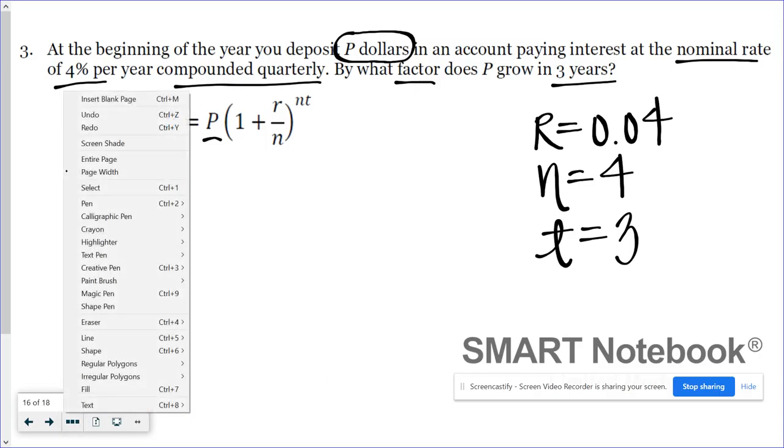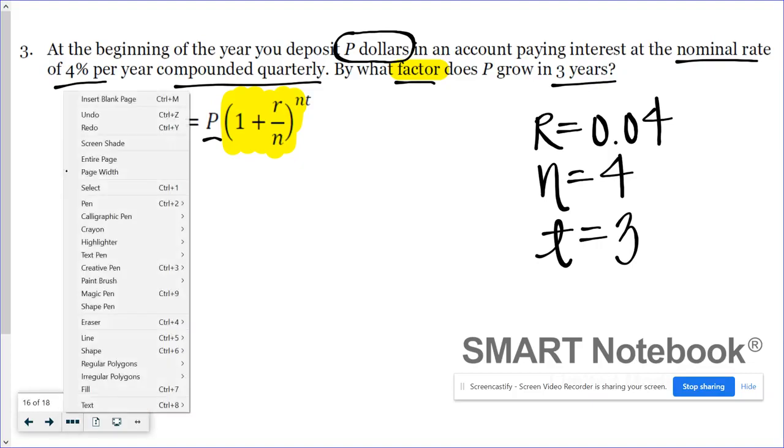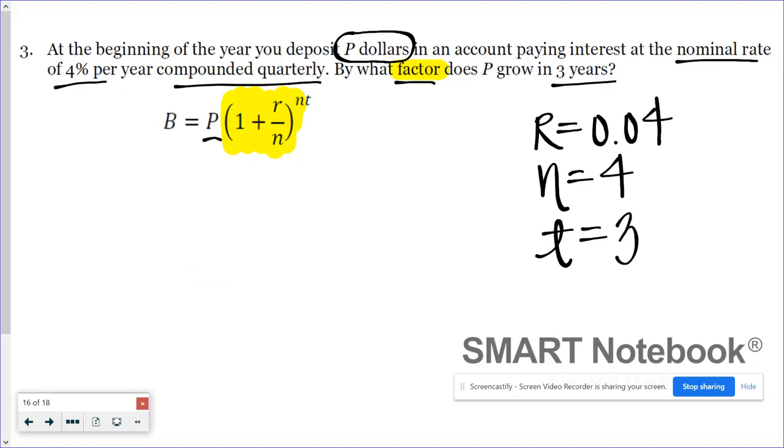Now, what's interesting is that this problem asks, by what factor does P grow in 3 years? Remember, the growth factor is this part of our function right here, because I'm taking P times that to the T power. That's really all I care about in this problem, that factor in 3 years' time.